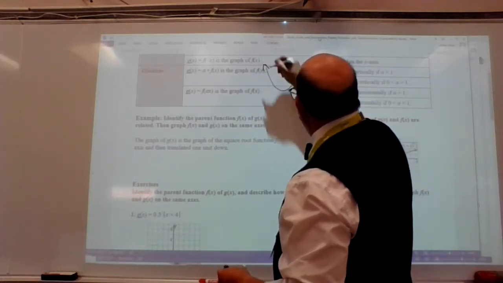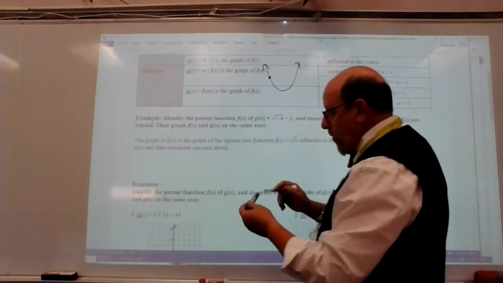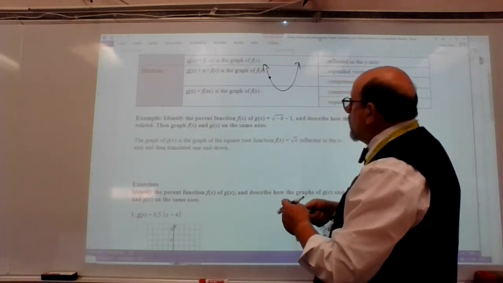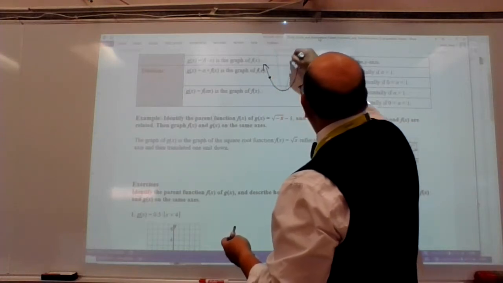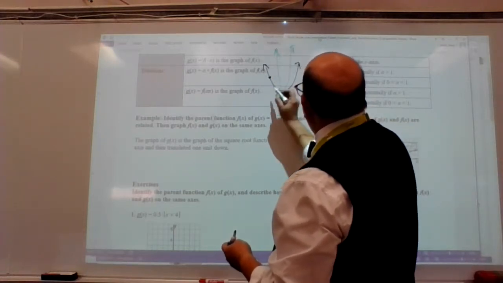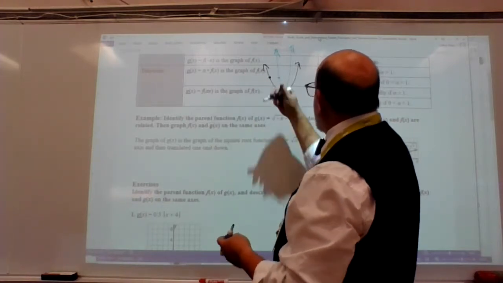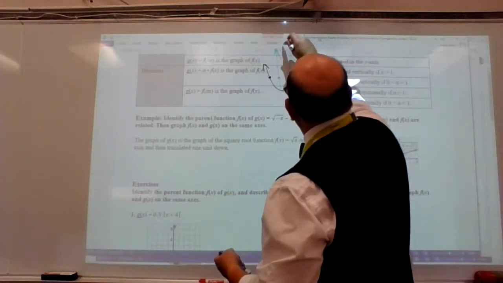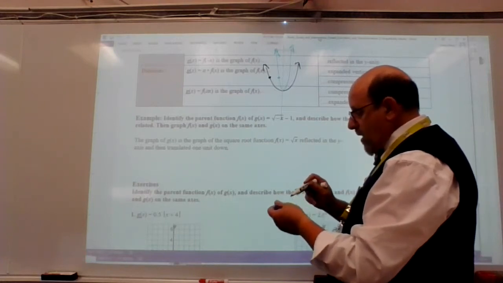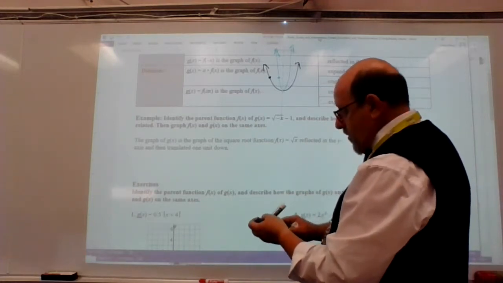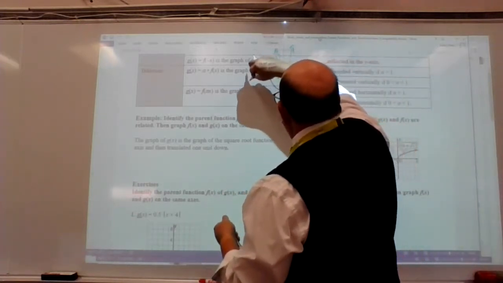If we take a point here and talk about it horizontally, that thing that was stretched when you multiplied by something greater than 1, this value, horizontally speaking, gets pushed in toward the y-axis. That's the y-axis.